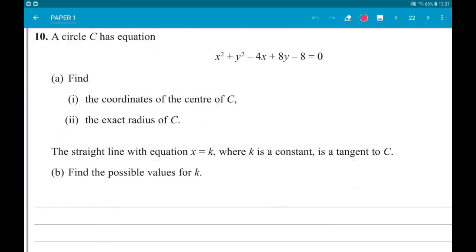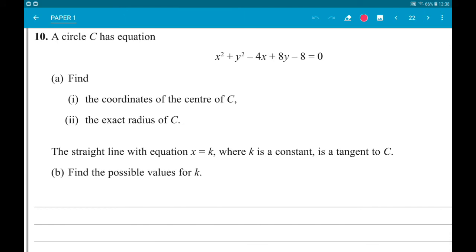Okay, then the straight line with equation x equals k, where k is a constant, is a tangent to C. Find the possible values of k. So these are vertical lines, so either the tangent hits on the left side of the circle or the right side of the circle, just once.